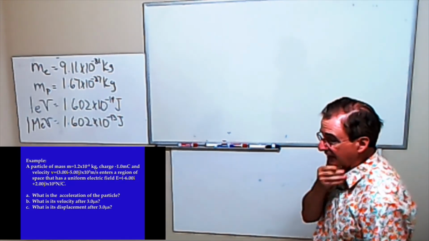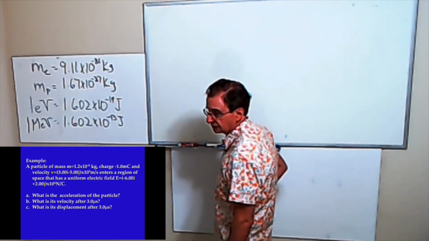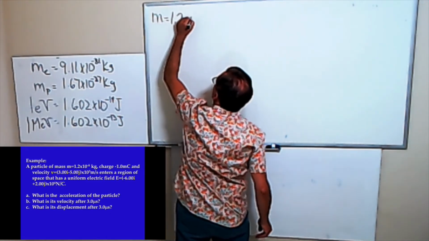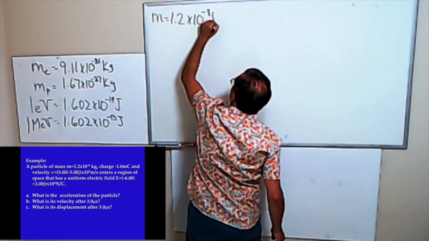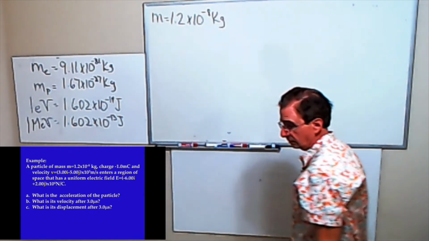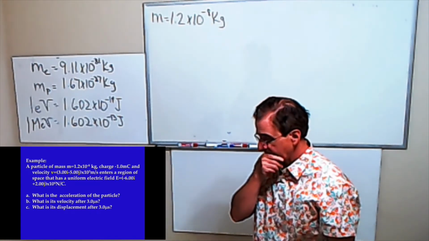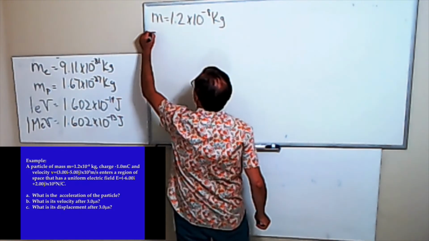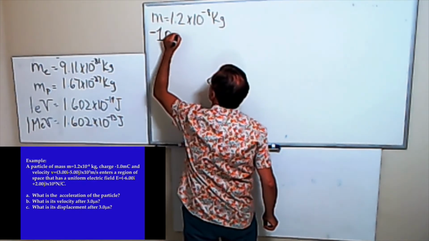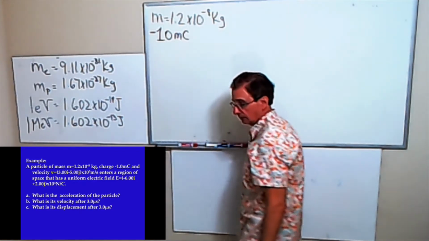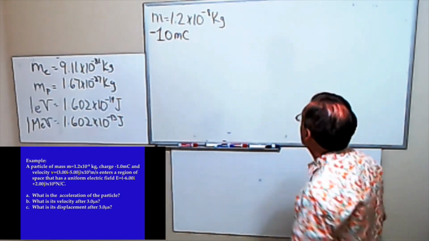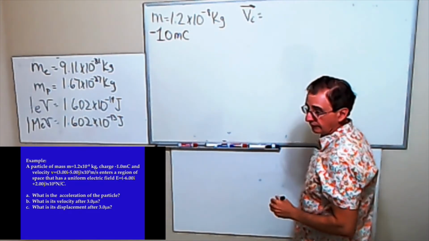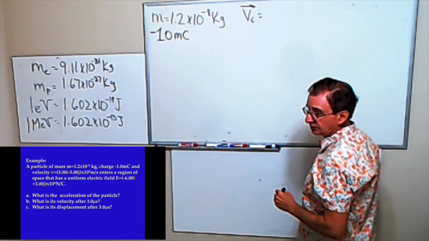We have a particle of mass 1.2 times 10 to the minus 8 kilograms, and the charge is -1 millicoulomb. You're given an initial velocity of 3I minus 5J times 10 to the third meters per second.